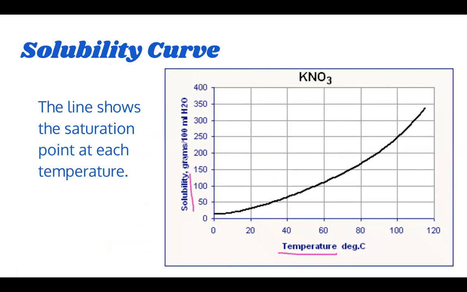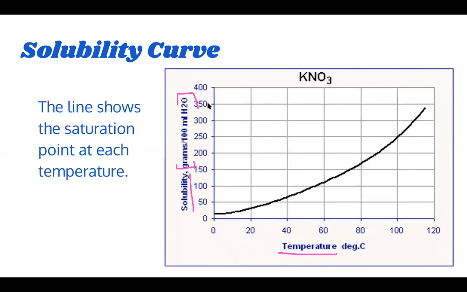And they define solubility as grams per 100 milliliters of water. So what this is saying is this is how many grams of your solute you can dissolve for every 100 milliliters of water that you have, okay?